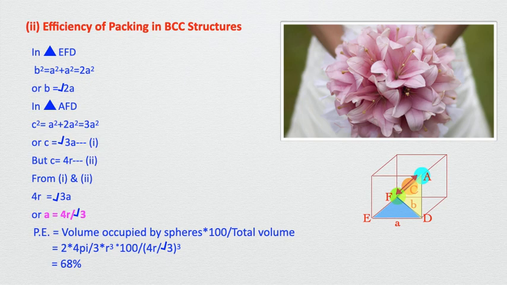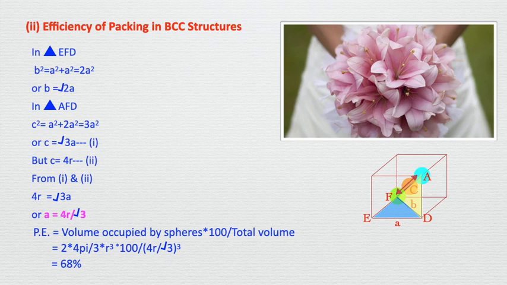Now c square will be b square plus AD square. b square is 2a square and AD square is a square, so we get 3a square. c is equal to root 3 a. But c is also r plus 2r plus r, that is 4r. Comparing 1 and 2, root 3 a equals 4r, so a will be 4r by root 3. Put this value in the packing efficiency formula.